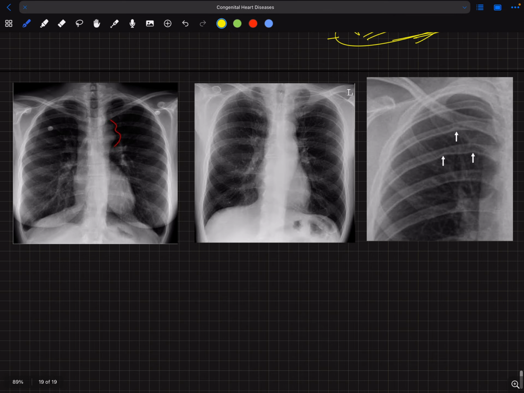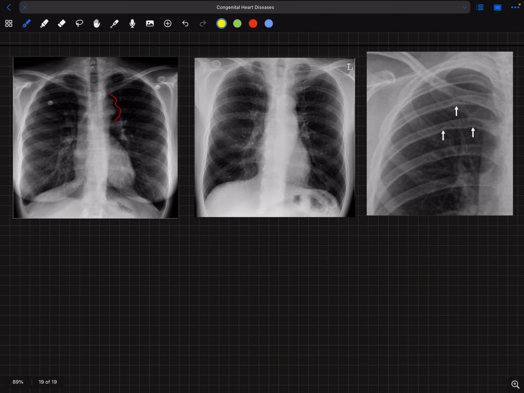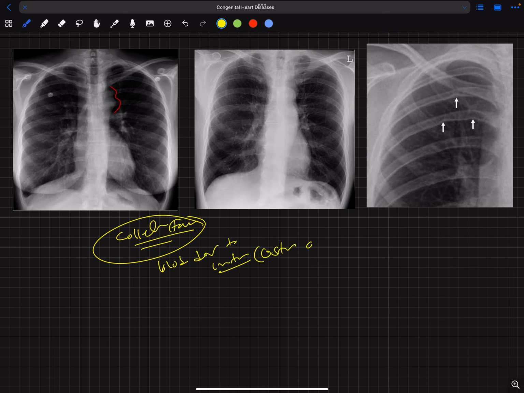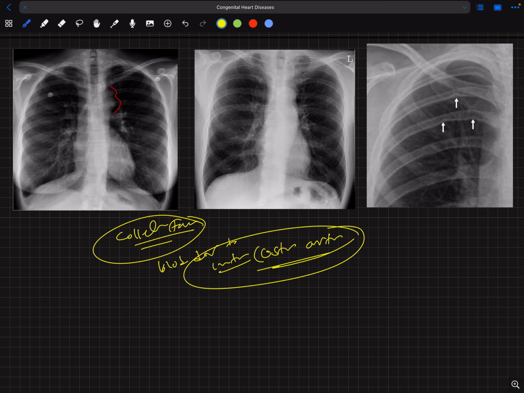Now we'll discuss other findings in coarctation of aorta. In older children, suppose children more than 10 years, there will be a compensatory change leading to collateral formation. The blood is diverted to the intercostal arteries, and the intercostal arteries become dilated and tortuous.